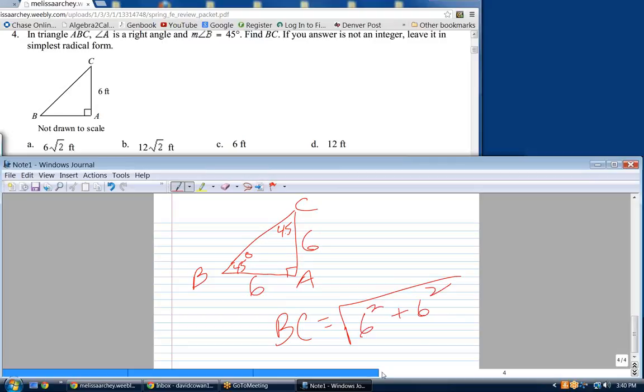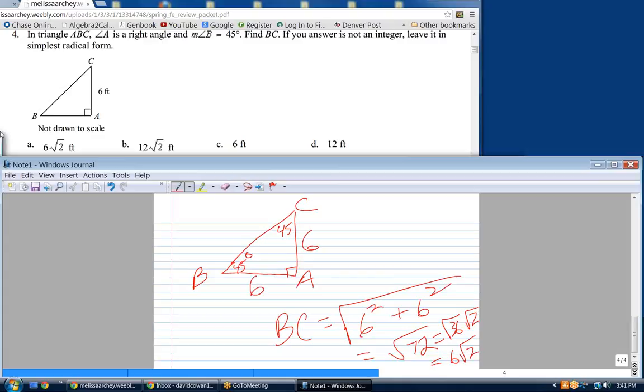That's equal to the square root of 72, which simplifies into the square root of 36 times the square root of 2, which simplifies into 6 root 2. So even if you don't do it using the similar triangle ratio, you can still do this problem. You just have to recognize.